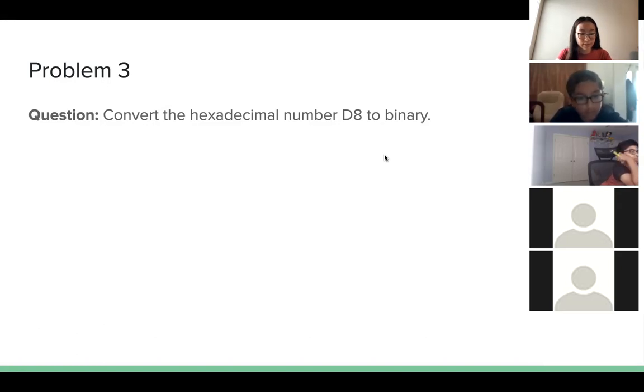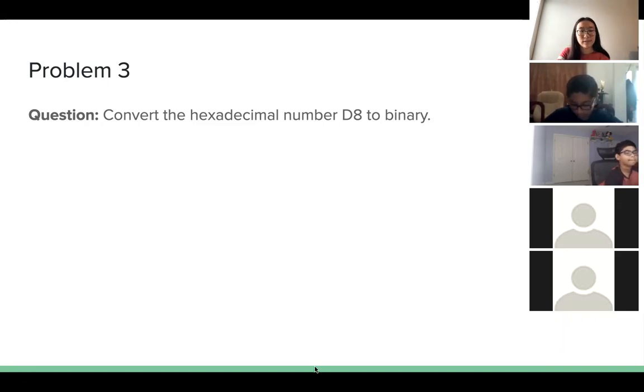Okay, so first step, what did you guys get when you converted D8 into decimal? 13.8. You got 13.8? Okay, it looks like you guys are thinking of the trick already.